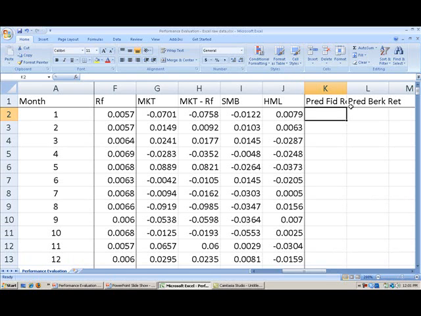The predicted return for Fidelity is going to be equal to the intercept that we've estimated, D0 for Fidelity, plus D1 for Fidelity times the market returns.